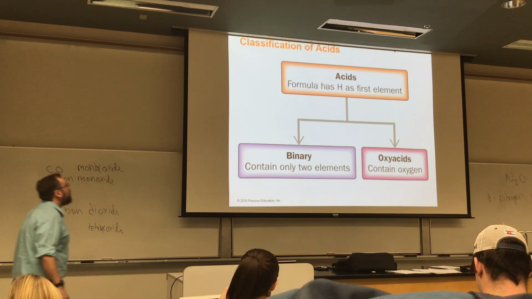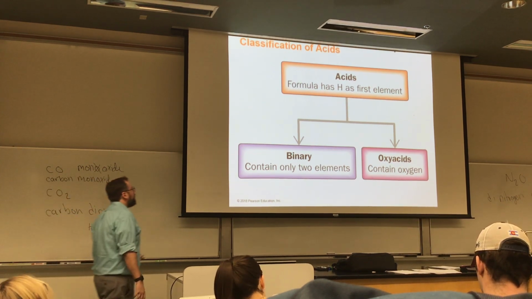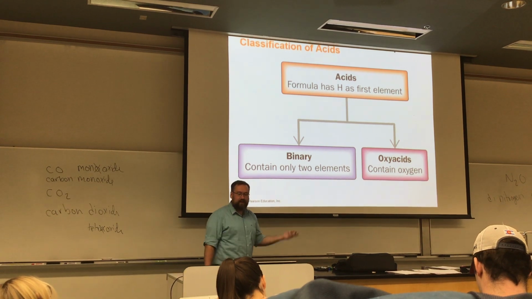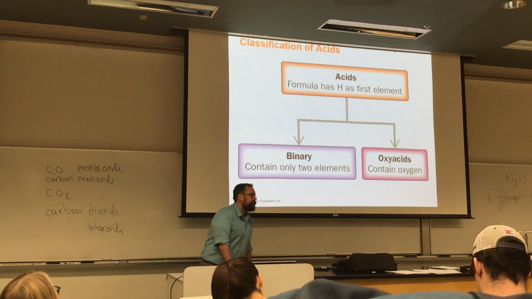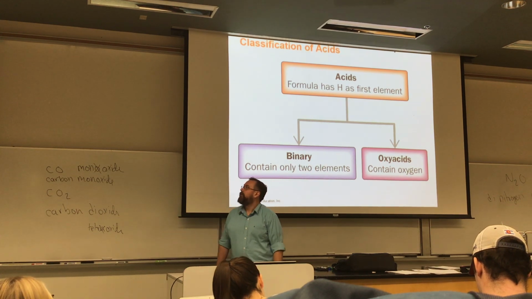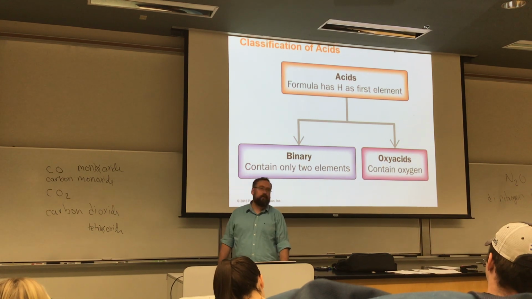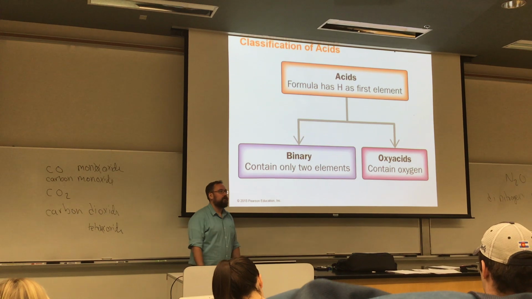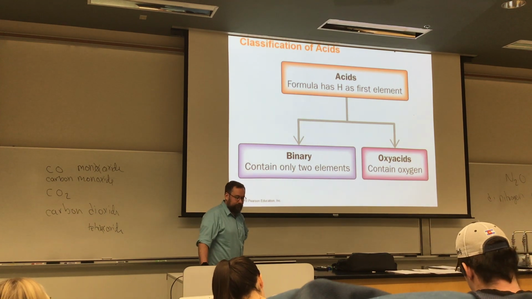So how do we first recognize them? Here's the flow chart of identifying acids. Formula has an H as the first element. That generally means it'll be an acid. HF, HCl, HNO3, anything that starts with a hydrogen will behave like an acid.